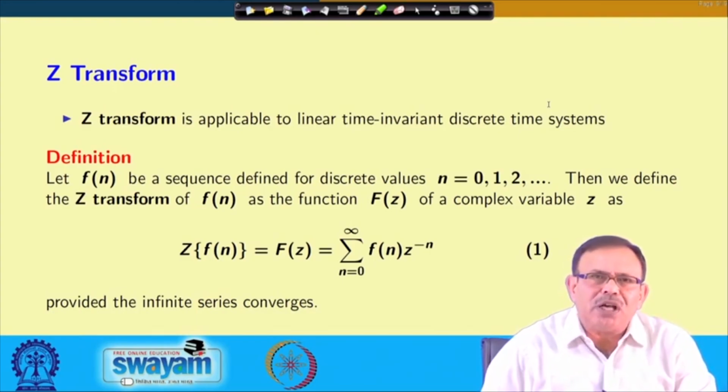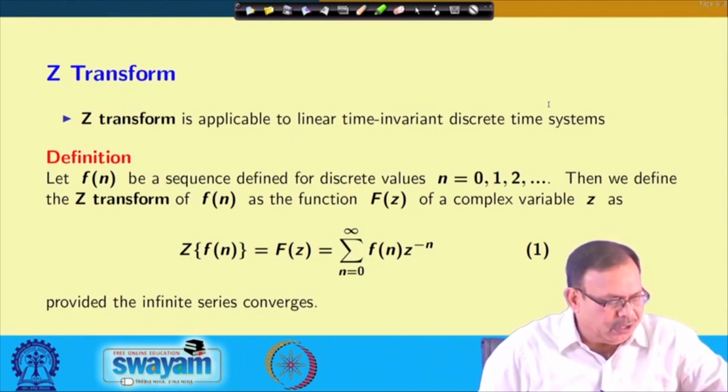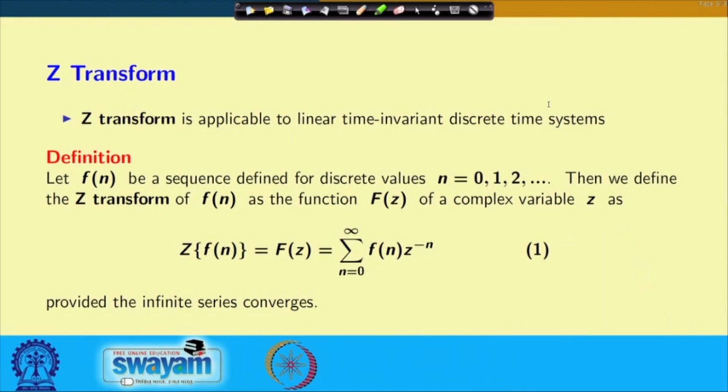Obviously, the series has to converge. So, therefore, the z transform of a function f n is defined as summation n equals 0 to infinity f n z to the power minus n, where the infinite series must converge.